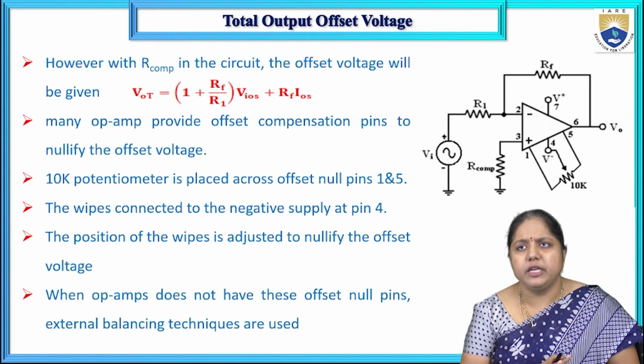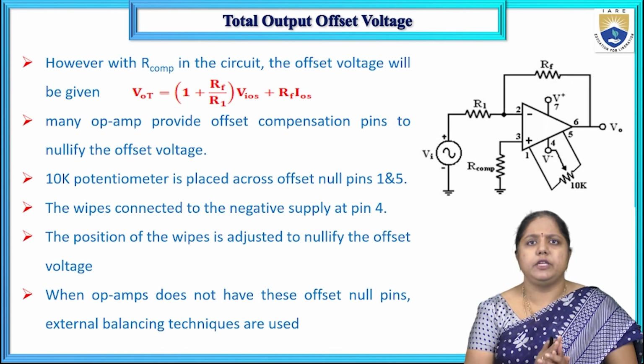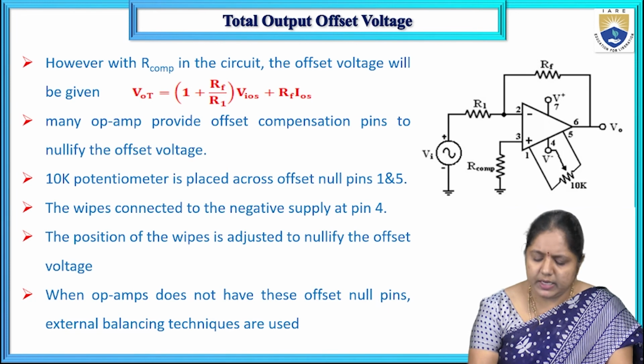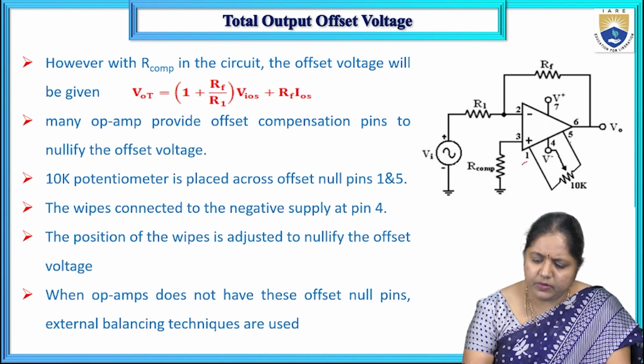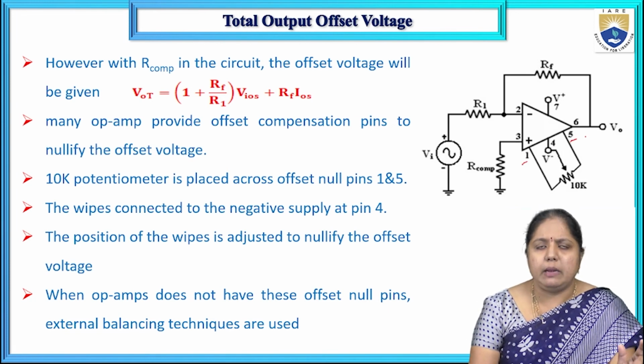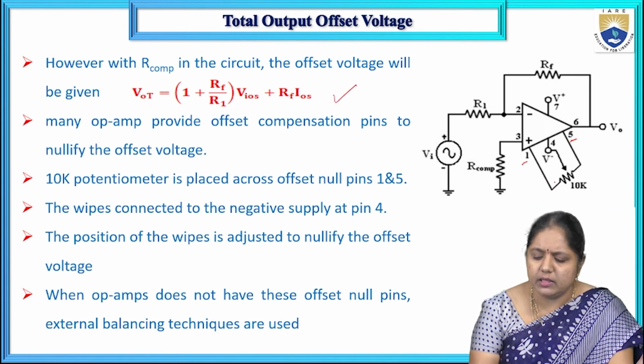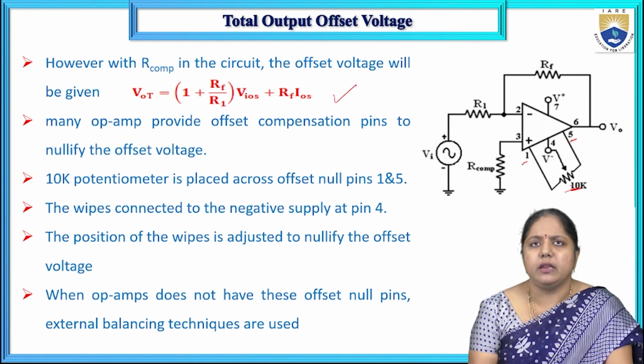Okay, so what is the compensation I need to make? Generally for the operational amplifier, we have the 8-pin op-amp. Out of that 8-pin op-amp, the first and fifth pins are the offset null pins. To rectify this total output offset voltage, I will take a potentiometer. This potentiometer I am taking is 10 kilo ohm.